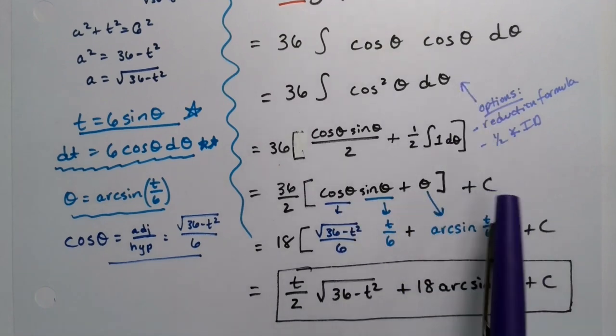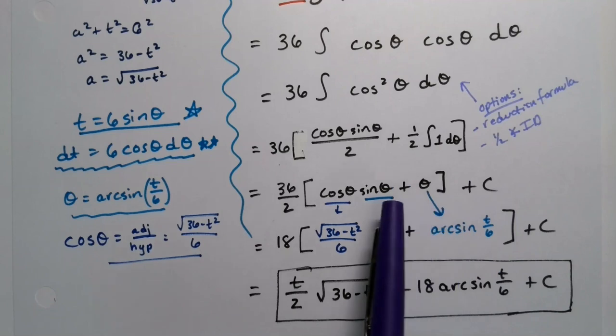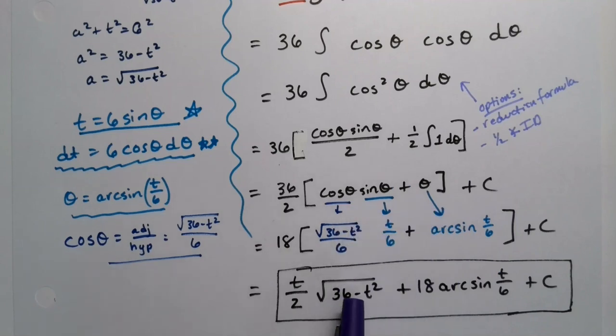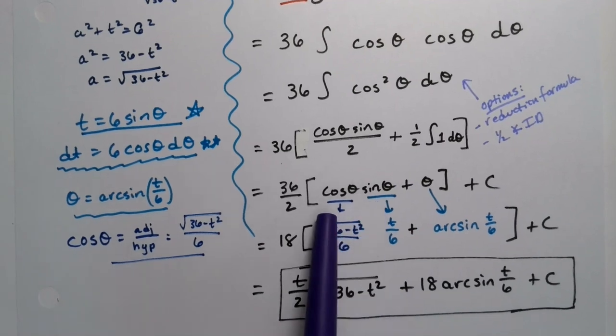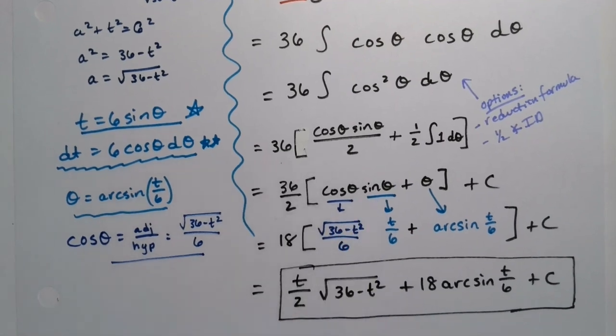Don't forget your plus c once you finish, and then go back at the very end and back substitute in what t would be, or what these would be, as functions of t. And that is actually the correct integral. Crazy, but true.